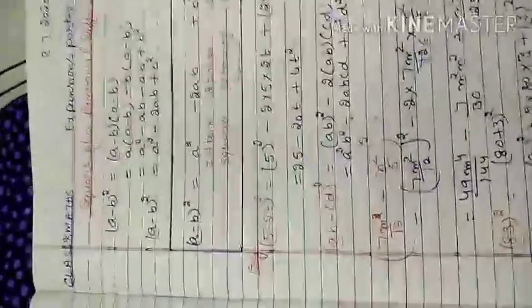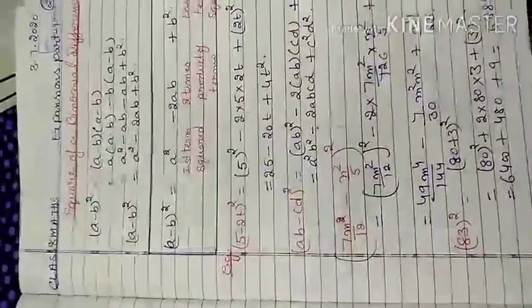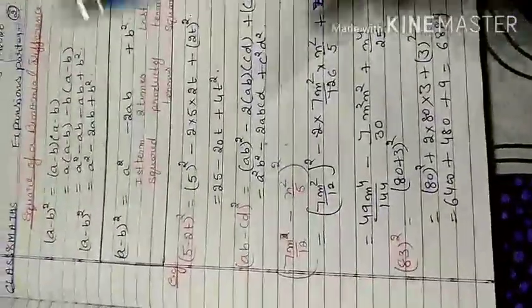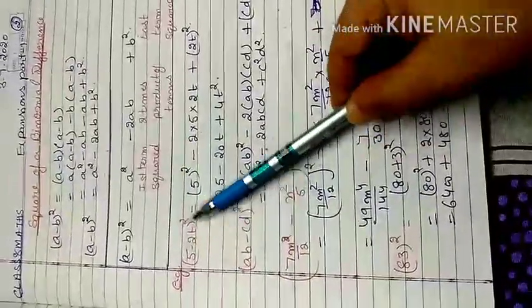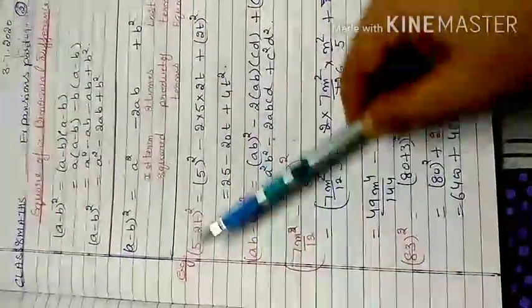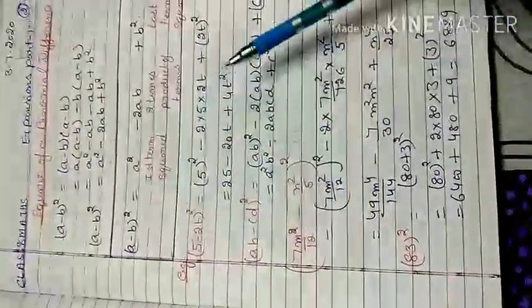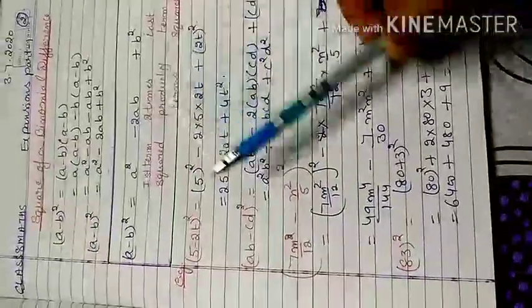The condition is same as whatever we have done in square of the binomial sum, only the sign is different, the terms are same. So here if I have a question, (5 minus 2t) whole square, that means negative sign between them, that means first term square minus 2 multiplied by product of the two terms plus (2t) whole square.